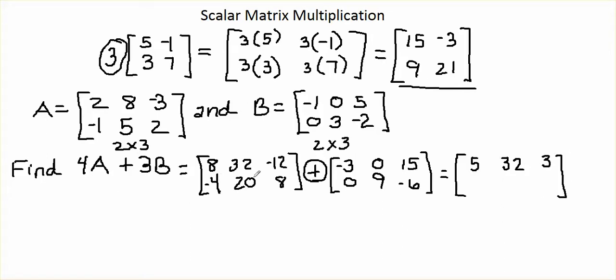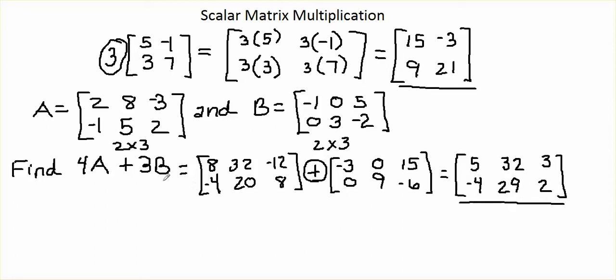Negative 4 plus 0 is negative 4. 20 plus 9 is 29. And 8 minus 6 is 2. So the answer to this matrix scalar multiplication and addition is this matrix right here.